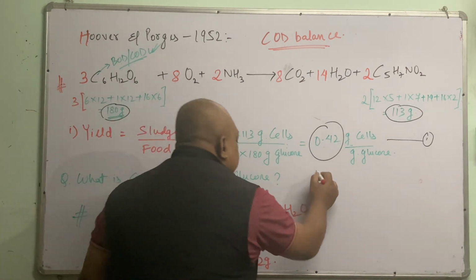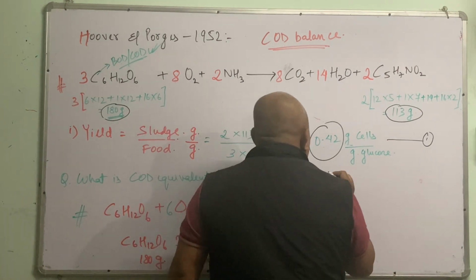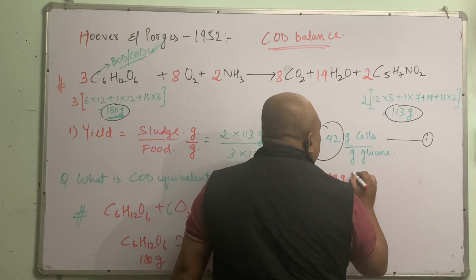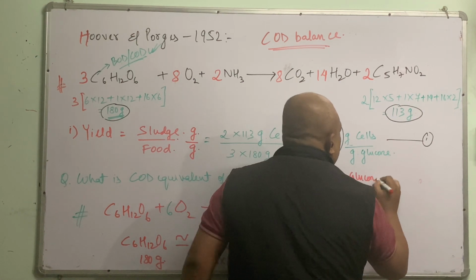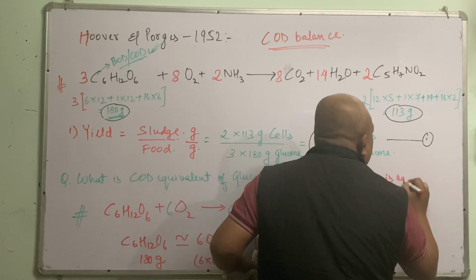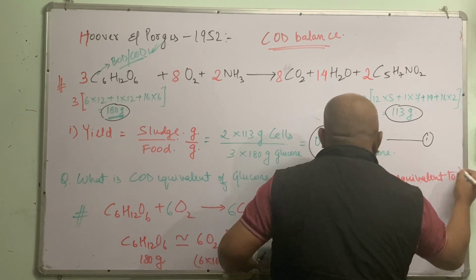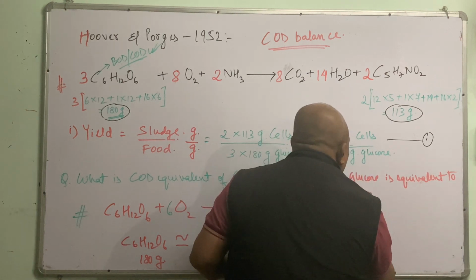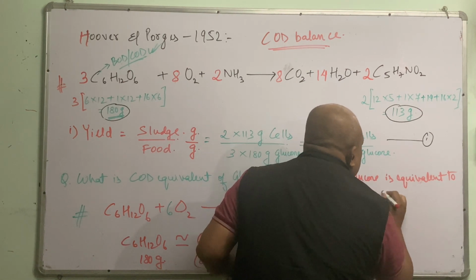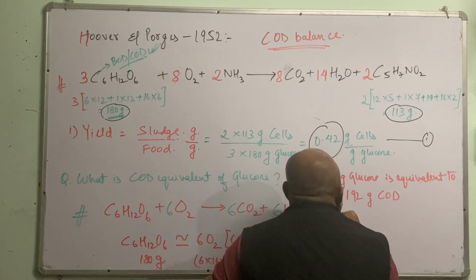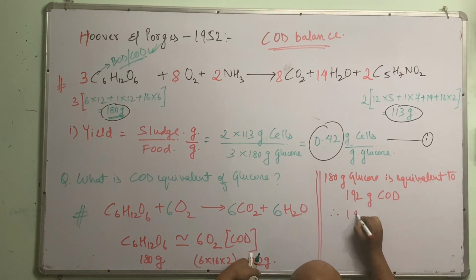So let me continue it over here. 180 gram of glucose is equivalent to 192 gram of COD.